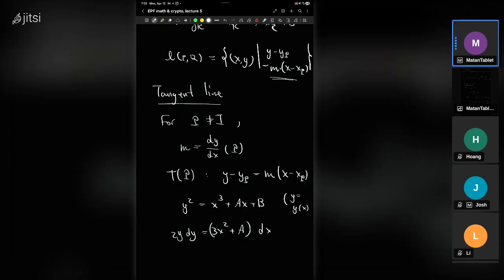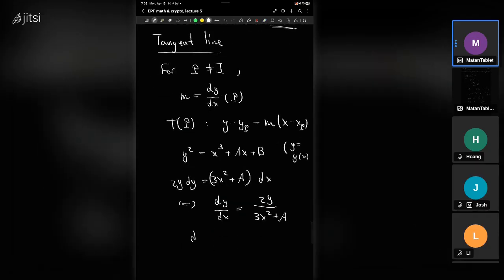And this means that dy/dx, I don't have a complete x expression for this because this is not a function, but I have 2y divided by 3x squared plus a. So now dy/dx at P is 2y_P divided by 3x_P squared plus a.